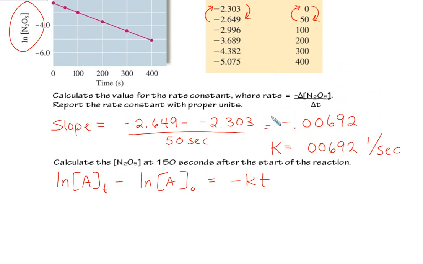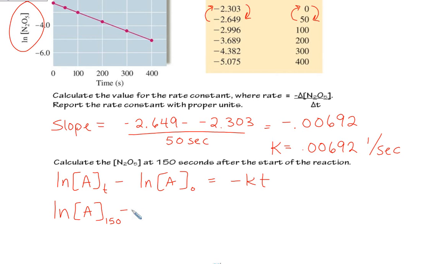Let's see what we got here. We're looking for this guy, natural log of the concentration at time t, or 150 seconds, minus the initial. And actually, if I go up here, I can get that from the data table.